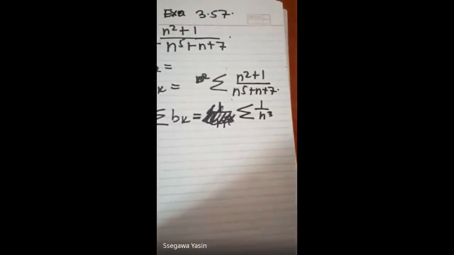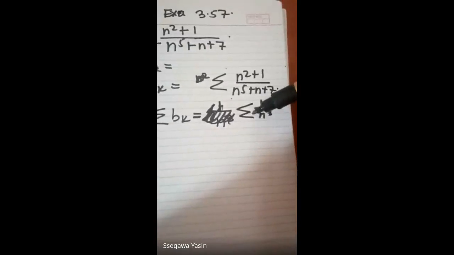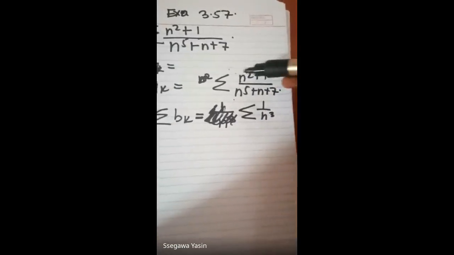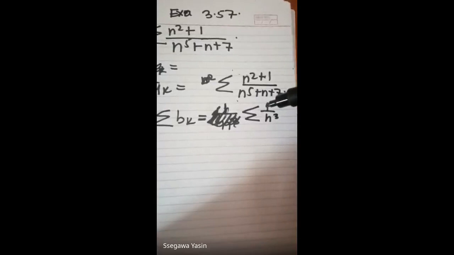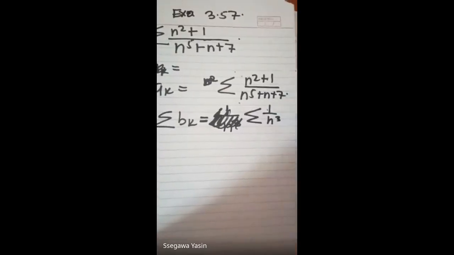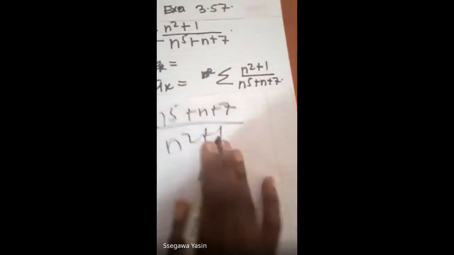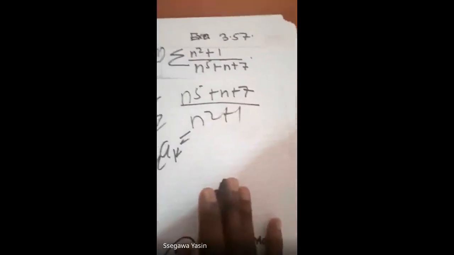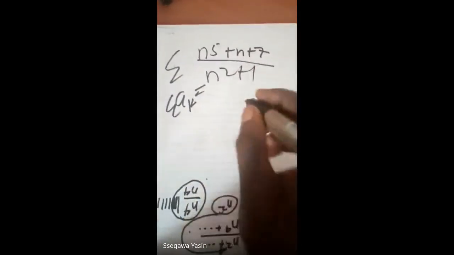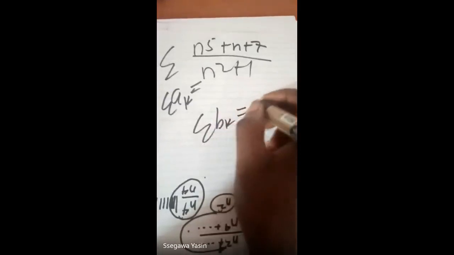Look here. When you take the reciprocal of this, it will directly affect the upper part. And if the lower part is the problem, don't take the reciprocal. What I'm saying is this: if this was n to 5 plus n plus 7 over n squared plus 1, and this is my a_k, then I would have picked some b_k as n squared.